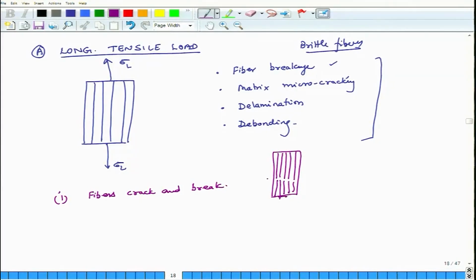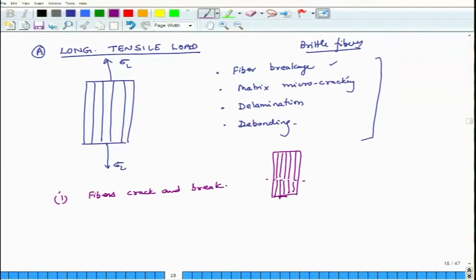You have basically 2 parts of the composite, and it is a clean break and fibers just crack, they break, and once they break, all of the load on the fibers gets transferred to the matrix, and at the same points the matrix also cracks. So, you have two pieces and that is pretty much it.